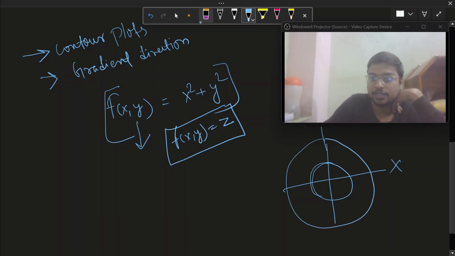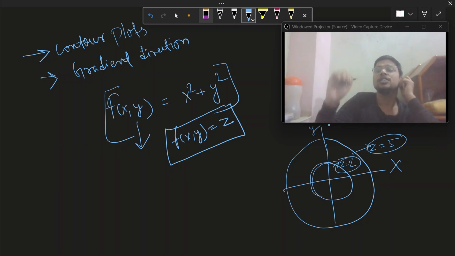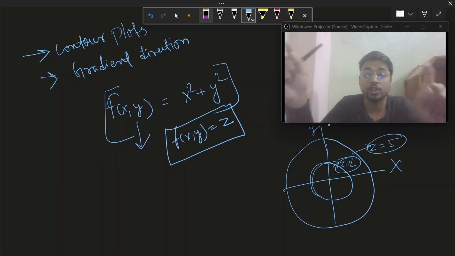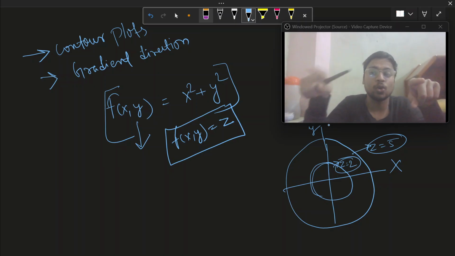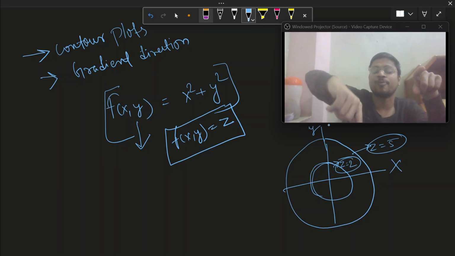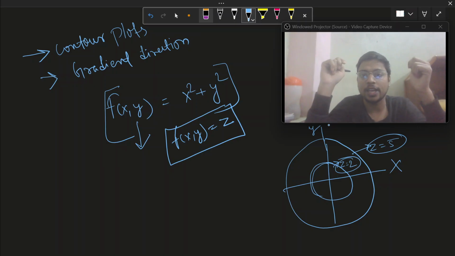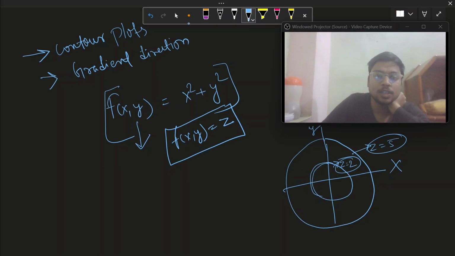If this axis is y, maybe z is equal to 2, z is equal to 5. This is the contour plot where the value of z is equal at all the points of the plot.